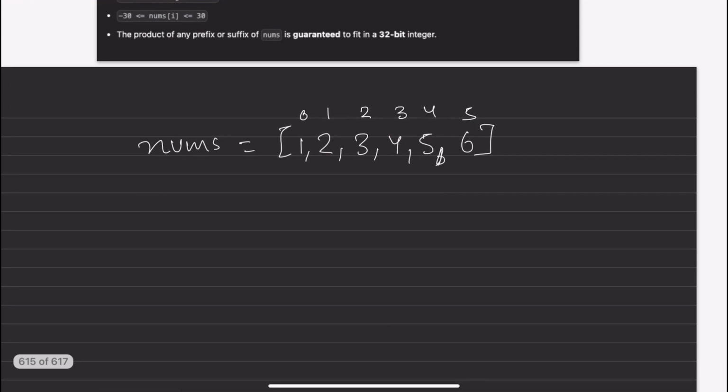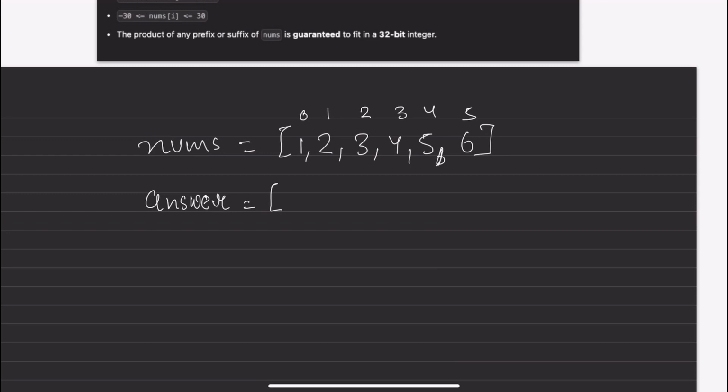As per the question, the answer array is the product of all the elements except the element at the ith position.